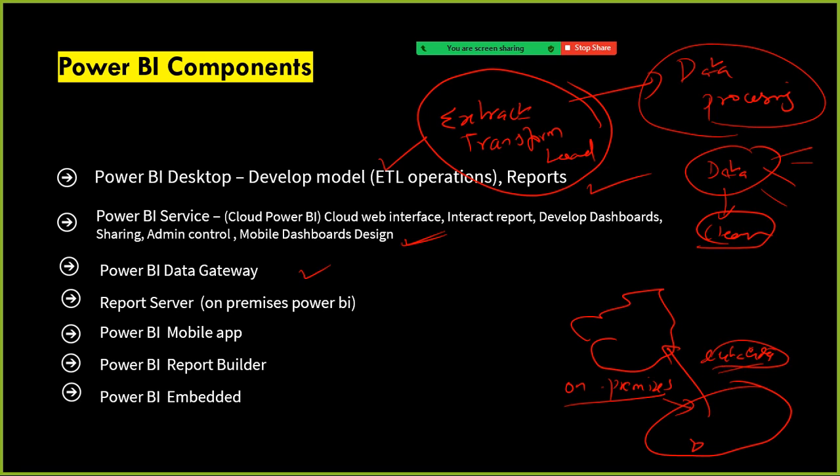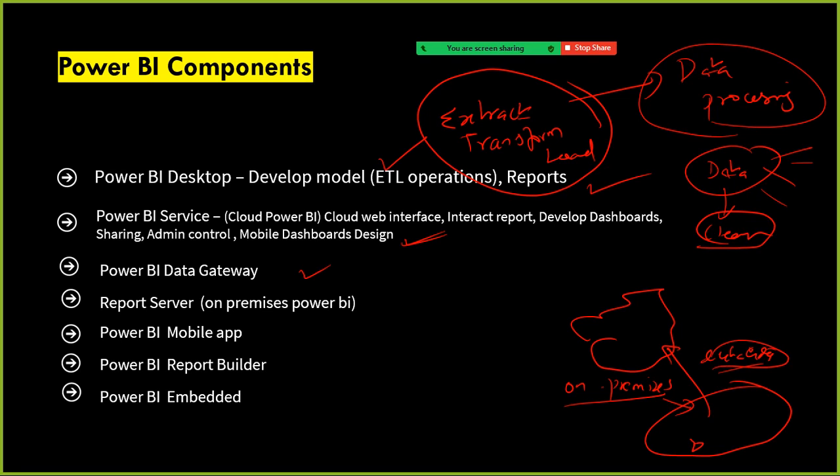Once you deploy your report on the Power BI service, you need to refresh data in your reports also. For that purpose also, the data gateway plays a crucial role. For example, I developed the report and deployed it on the Power BI service. The next day, I want to see the updated data in the report. We can enable auto refresh also, but it is not practically possible.